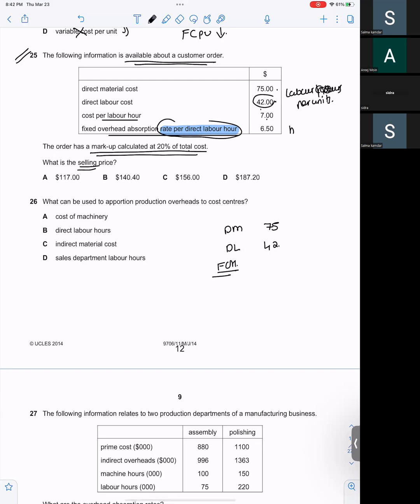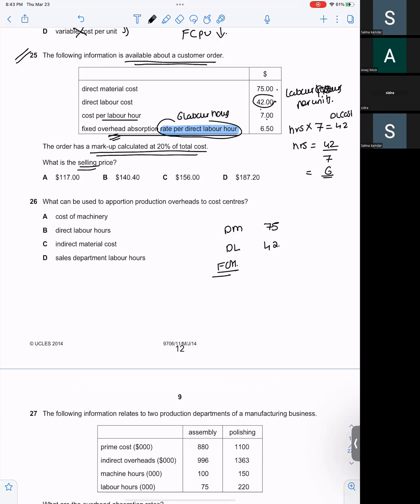Whatever number of hours I'm spending to make 1 unit, multiplied by cost per labor hour, will give me my total direct labor cost. So the labor hours per unit would be 42 divided by 7, so 6. That means to make 1 unit, I need 6 labor hours.